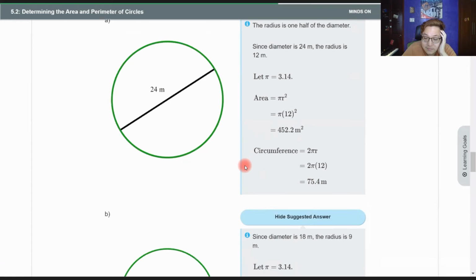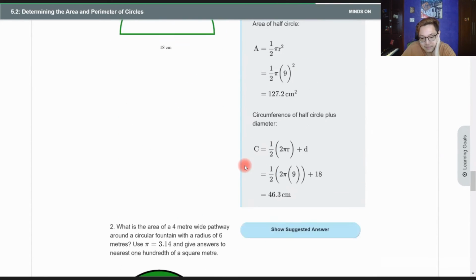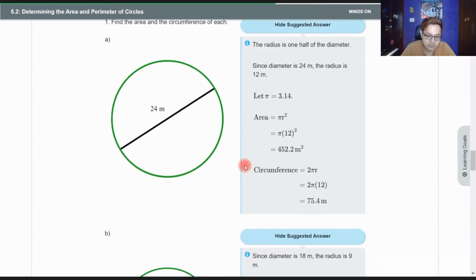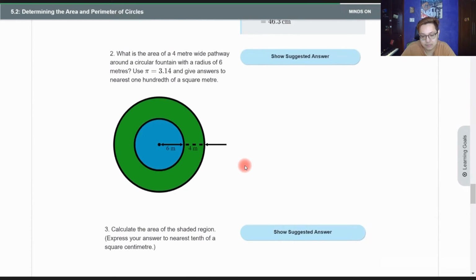Area, radius. So 14. So I think it should be 615.44.